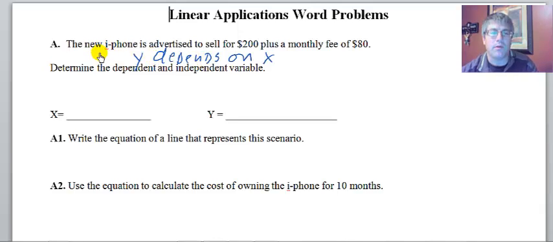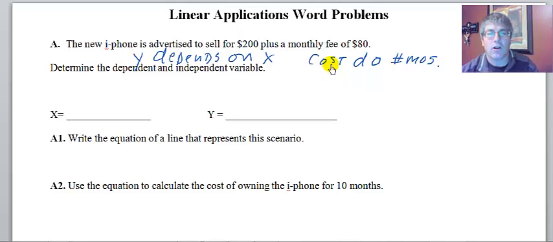So in our first example here, the new iPhone is advertised to sell for $200 plus a monthly fee of $80. Well, what depends on what here? Well, in this example, our cost of owning an iPhone depends on the number of months that we own it.